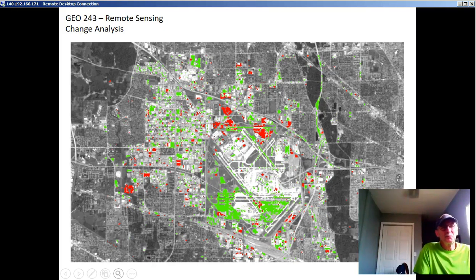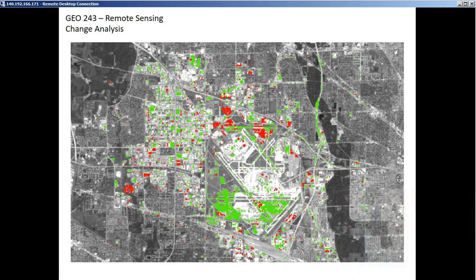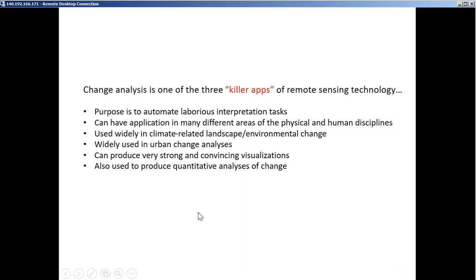Change analysis in remote sensing. So change analysis in remote sensing is one of the 3 apps that we're learning in this term. And some people refer to these as killer apps.